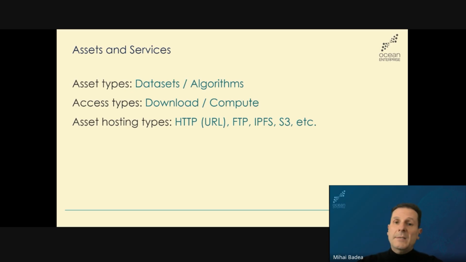If the asset is created for compute, the consumer will not be able to download the asset, but it will allow the consumer to run an algorithm on that file and retrieve the results. So the consumer will not actually see the content of the asset, but can benefit from the result of running an algorithm on top of that asset.